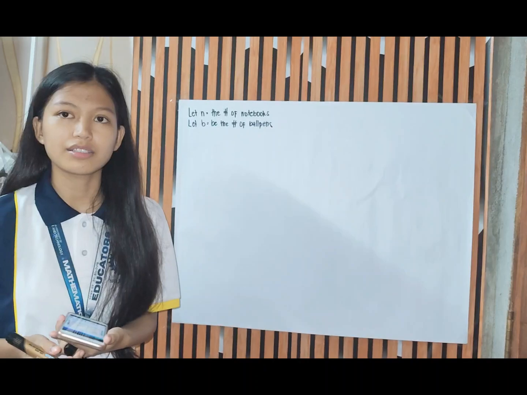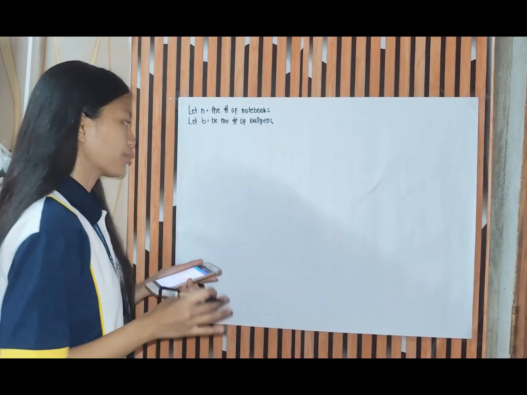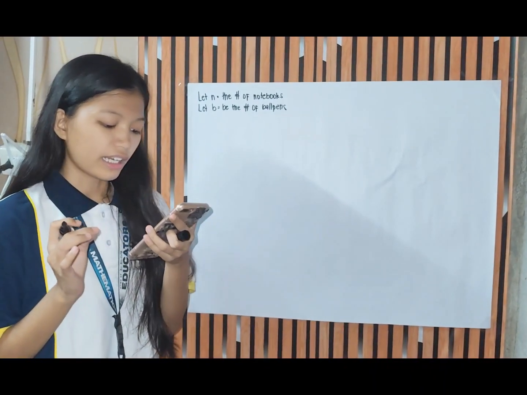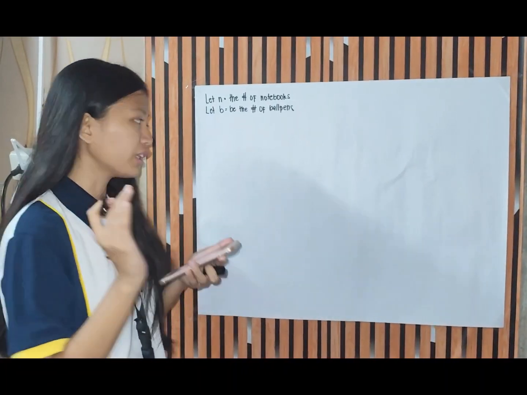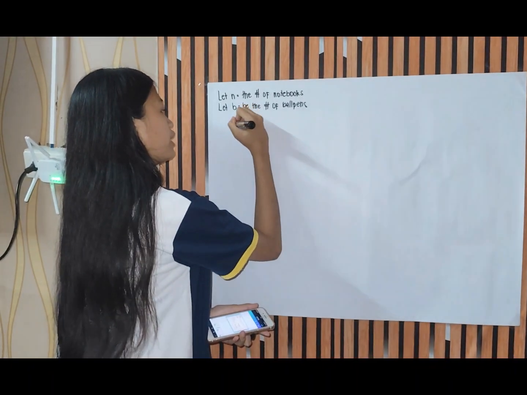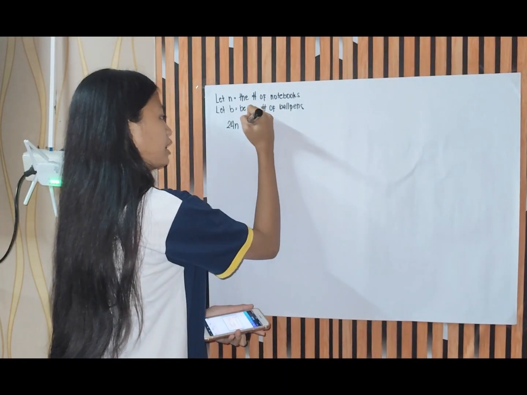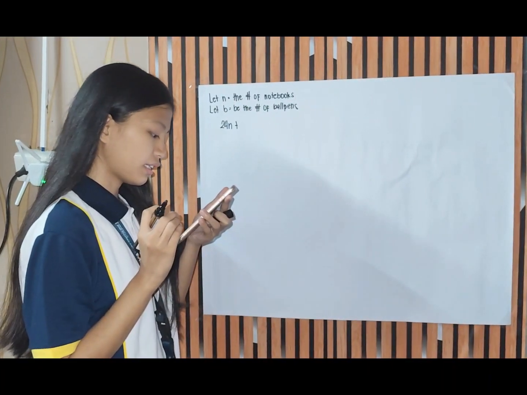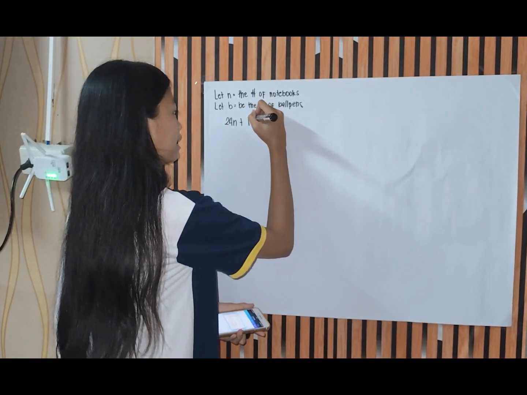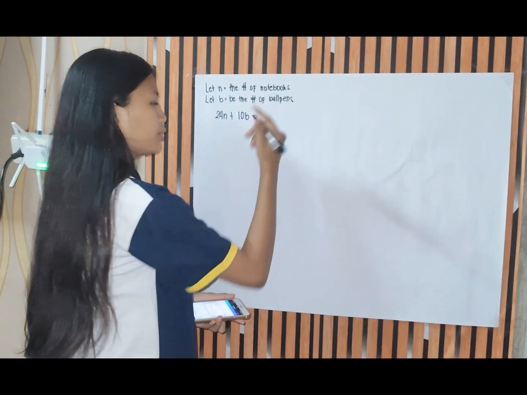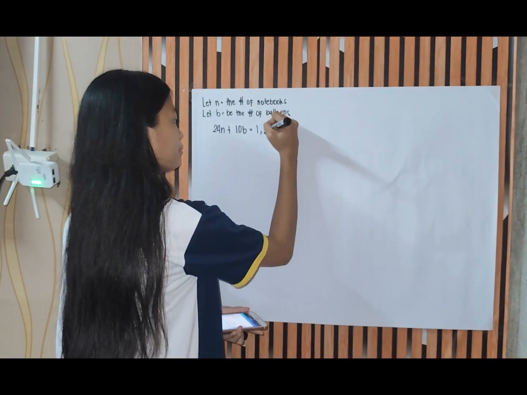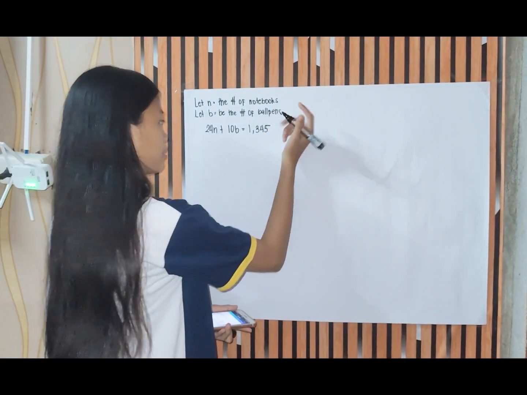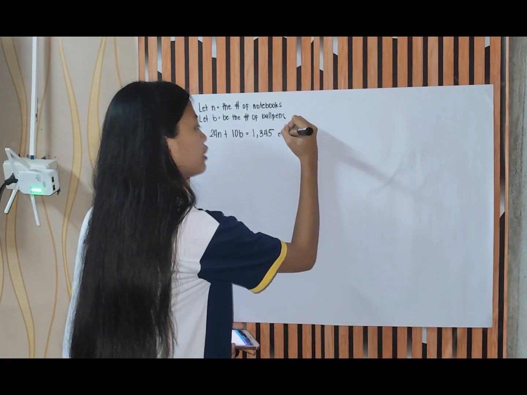So next is identify the equation. It states there that Ayesha spent a total of 1,345 on 24 notebooks, so 24n plus 10 ball pens, 10b, is equal to the total of 1,345. So this is our equation 1.